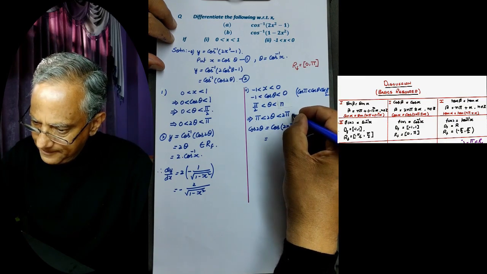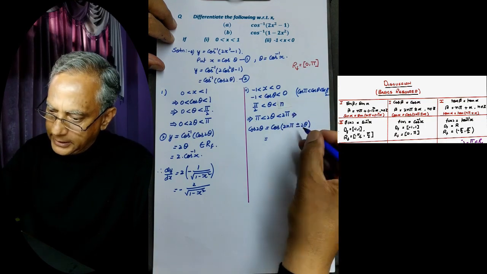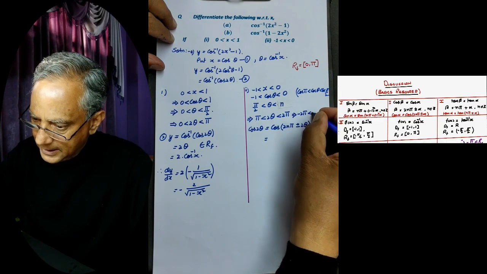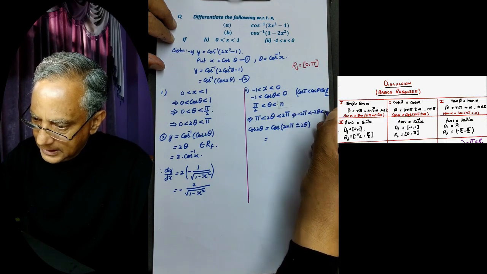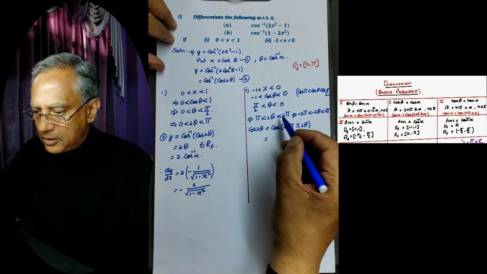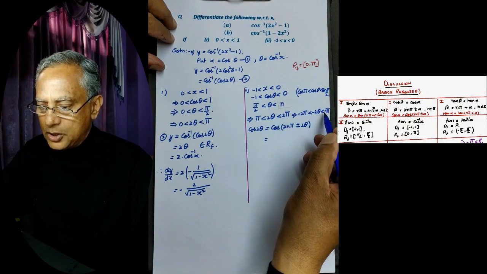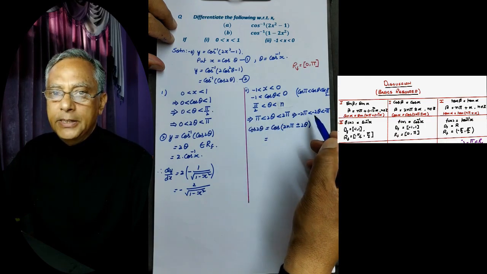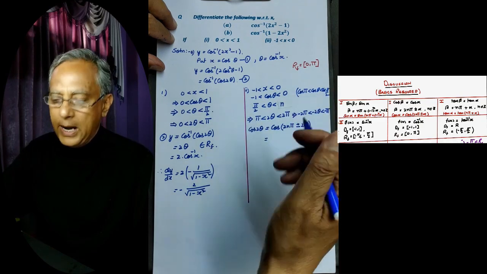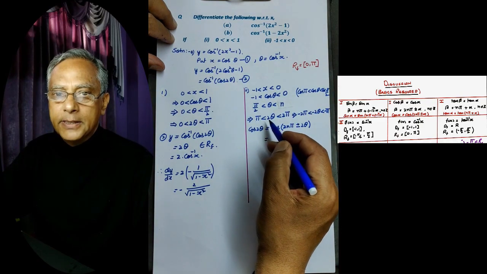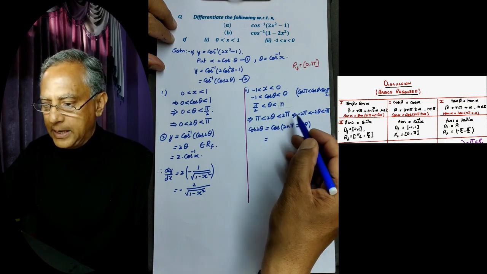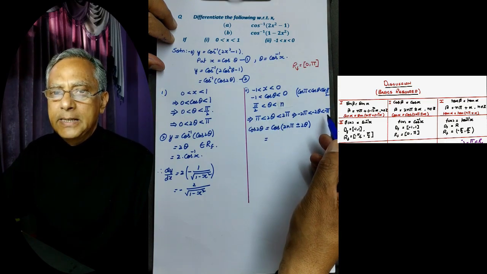This implies for minus 2 theta, this will be minus 2 pi is less than minus 2 theta is less than minus pi. When we multiply this inequality by minus 1, the direction of the inequality must change. This is the main point you should keep in mind while dealing with inequalities. Whenever you multiply an inequality with a negative number, the direction of the inequality must change.